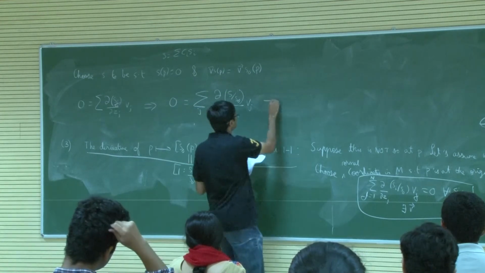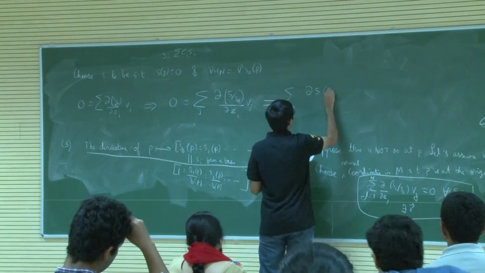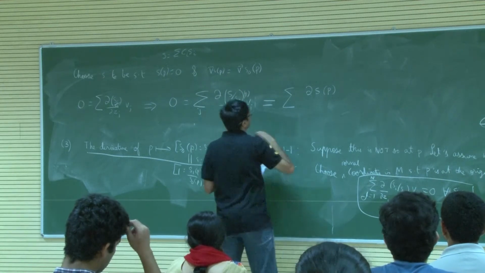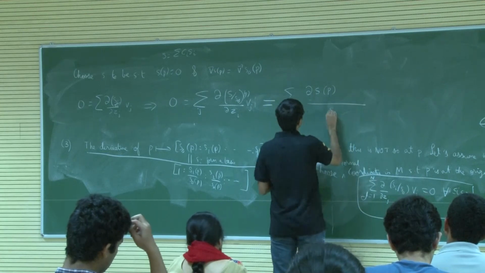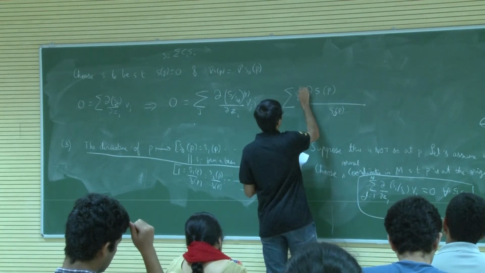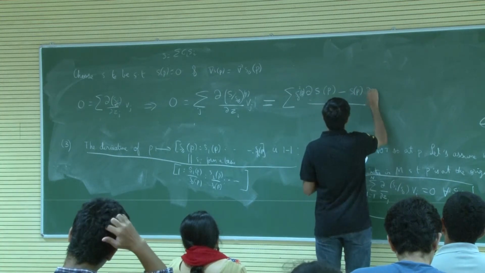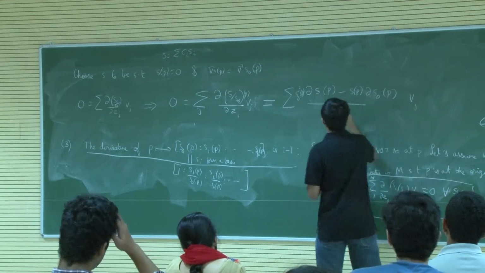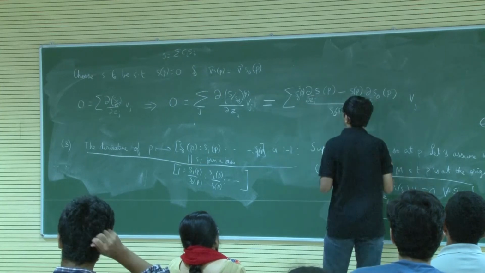So let's calculate this. It's del S at p, all of this is at p. Del S of p times S naught of p, over S naught squared of p, minus S of p, del S naught of p, times vj, del zj, is apparently 0.